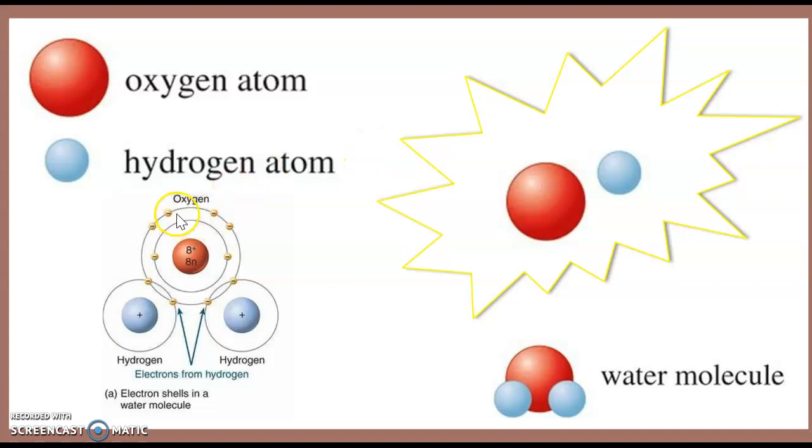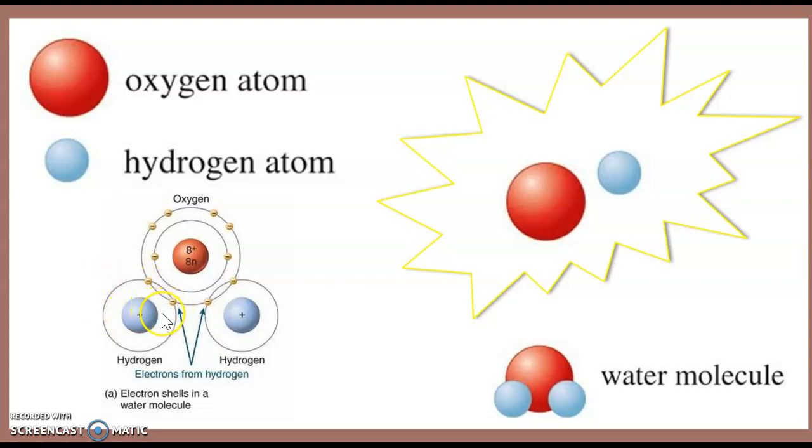If we count them, I'm going to start over here: 1, 2, 3, 4, 5, 6, 7, 8. These were the 8 electrons that oxygen contained. When that chemical bond occurred, it attracted 2 hydrogen atoms to it, thus forming what we know to be H2O.